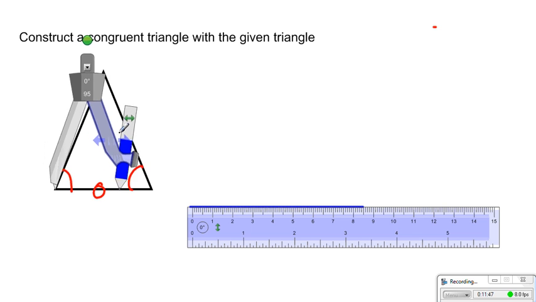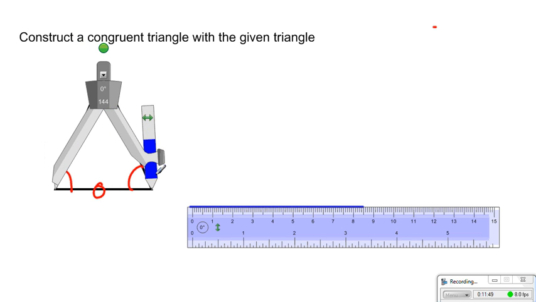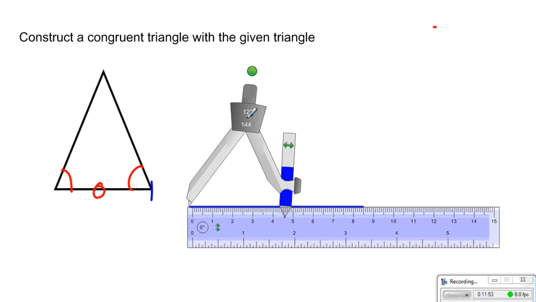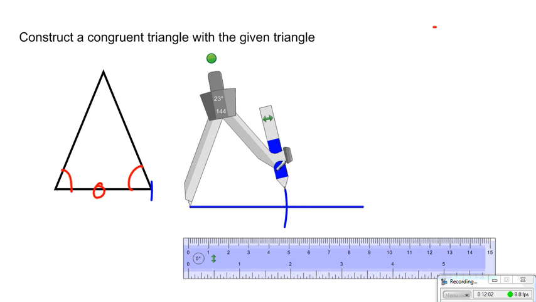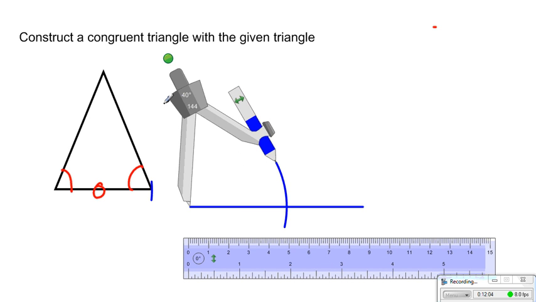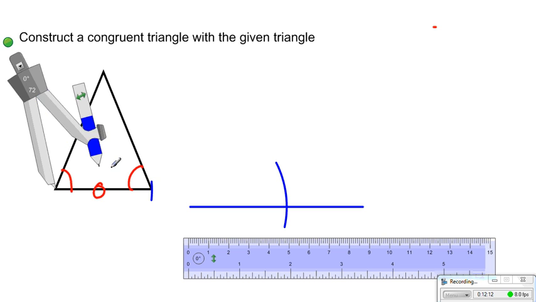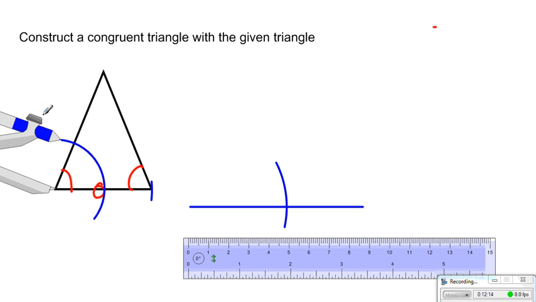And then we are measuring how long the base is. All right. So this must be the length of the base of the triangle. Now I'm going to bring it down a little bit and try to measure the spread.